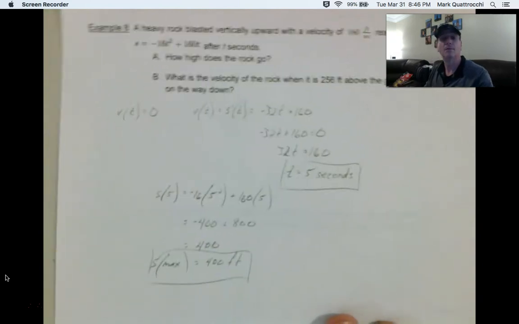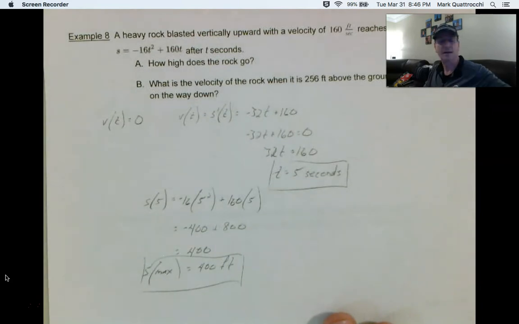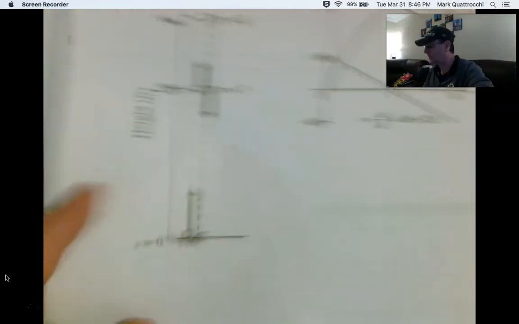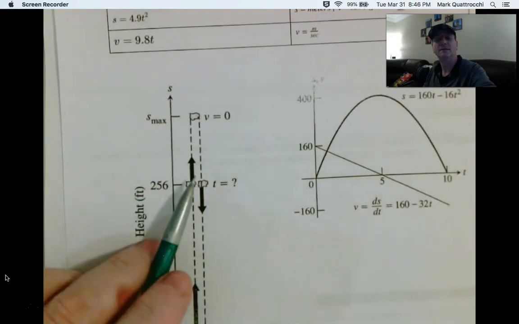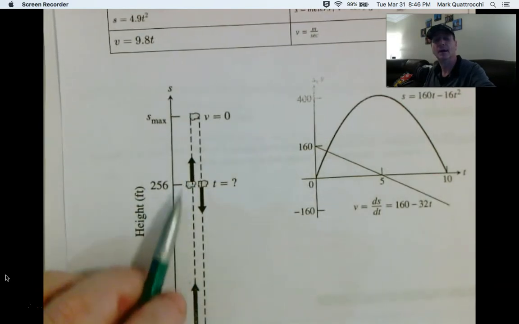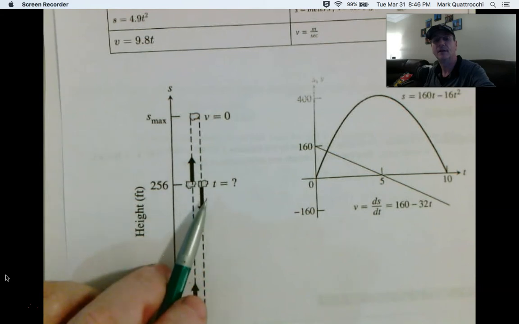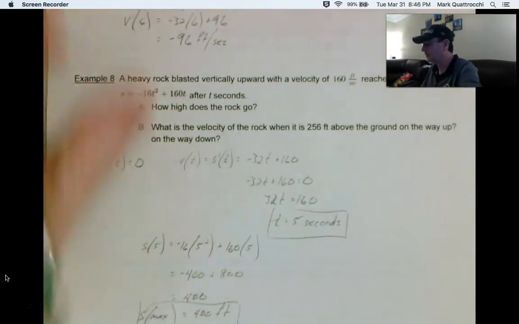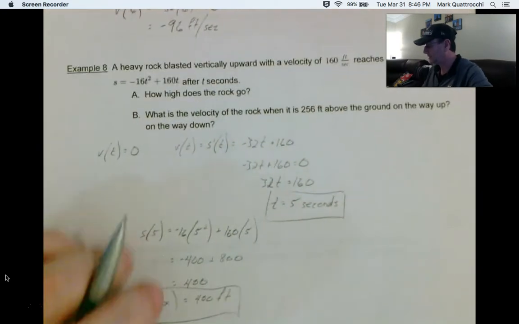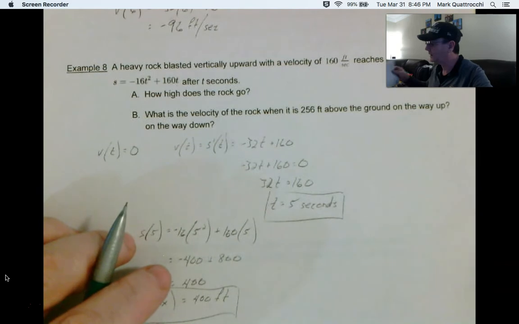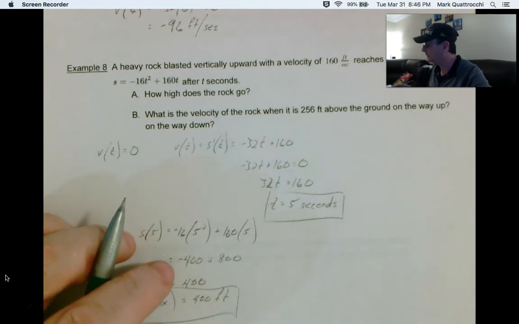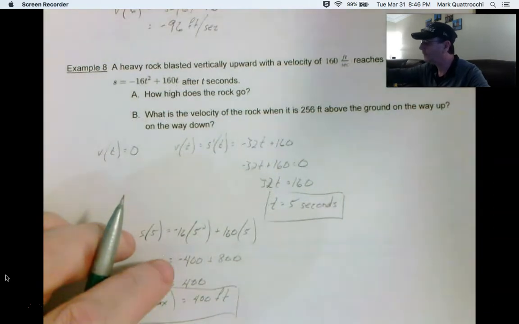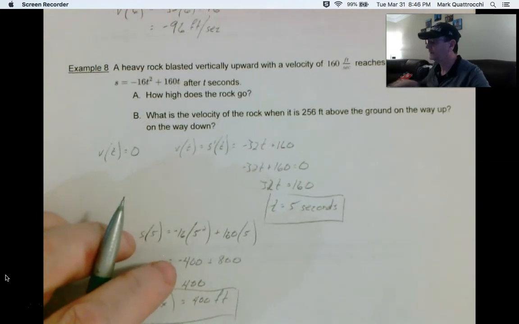Okay, now it's got to go up, it's got to come back down again. We want to know, when is it 256 feet above the ground on the way up, 256 feet above the ground on the way down. So it is 256 feet on the way up and on the way down. Lost my spot here. There it is.